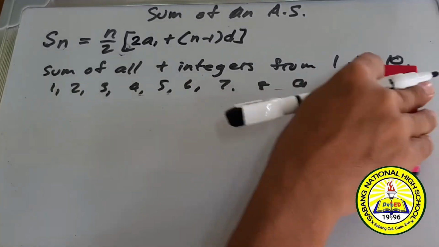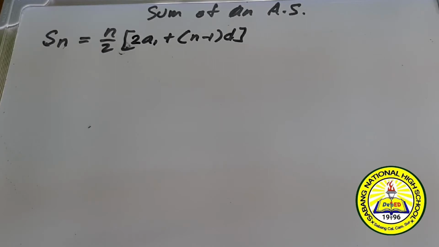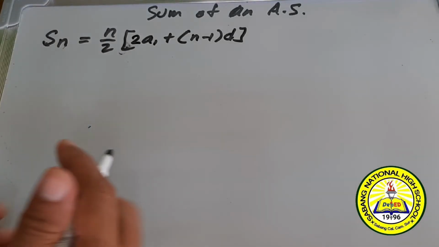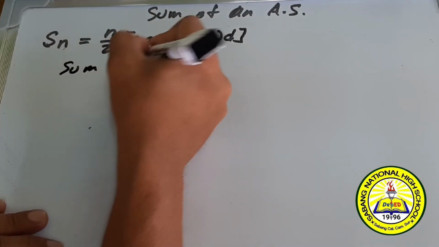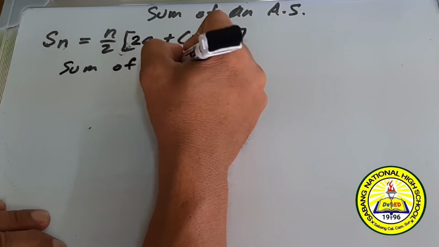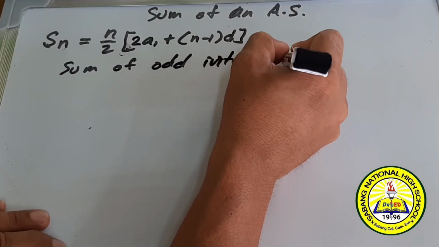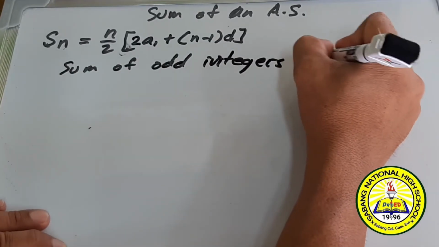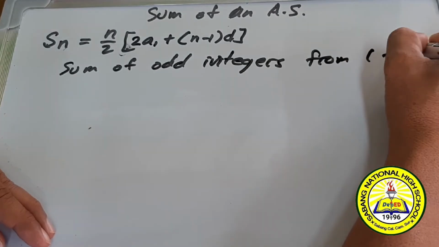On page 7 of your module, there is a problem there. It says, find the sum of odd integers from 1 to 25.